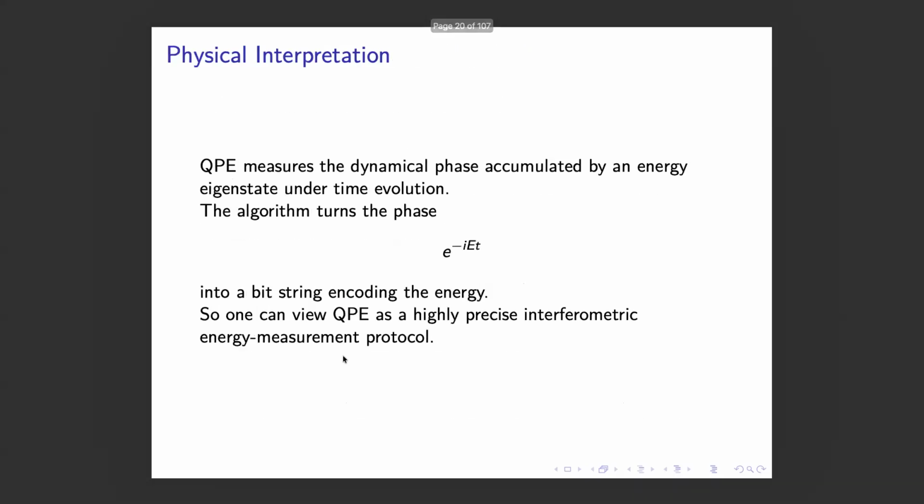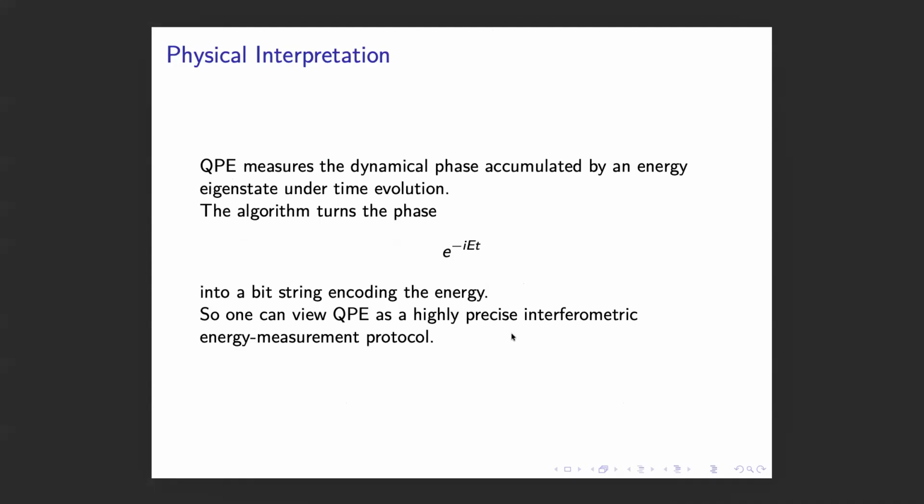The physical interpretation: QPE measures the dynamical phase accumulated by an energy eigenstate in the time evolution. It turns the phase into a bit string encoding the energy. So you can view the QPE as a highly precise, in a way, interferometric energy measurement protocol.